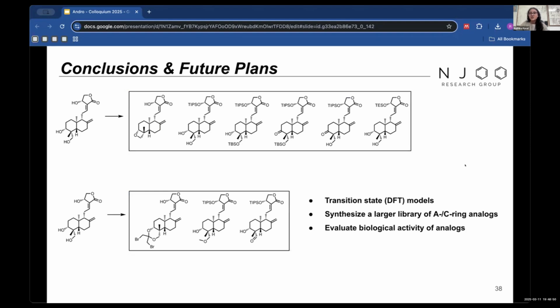And we will also further explore the DFT transition state analysis in order to find the optimal conditions to synthesize some of the analogs in addition to the oxetane. And hopefully we'll be able to test some of our analogs for their biological activity as well.